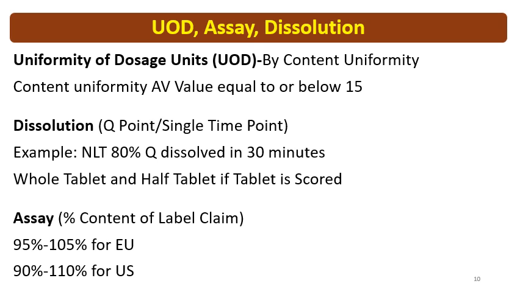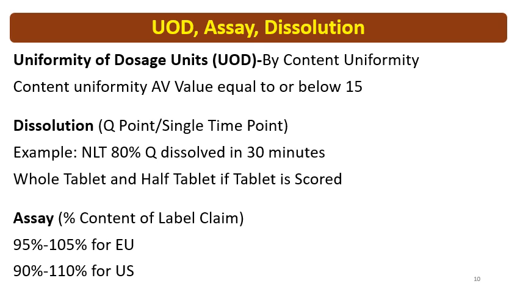Earlier, if the percentage of the API content or API load in the formulation was about 25% or 25 mg, then content uniformity was not required. But nowadays, content uniformity is compulsory for all the formulations. Content uniformity AV value is required, and this AV value should be equal to or below 50. So if this criteria is met, then it passes the uniformity of dosage units.